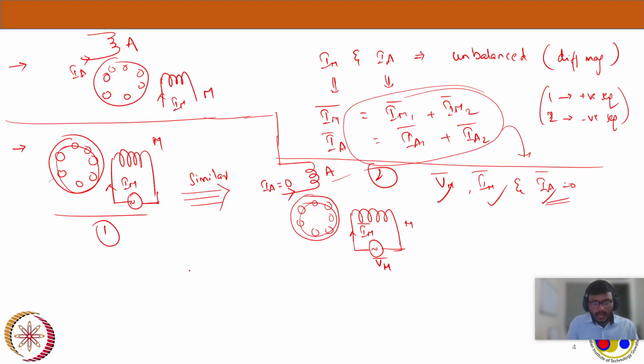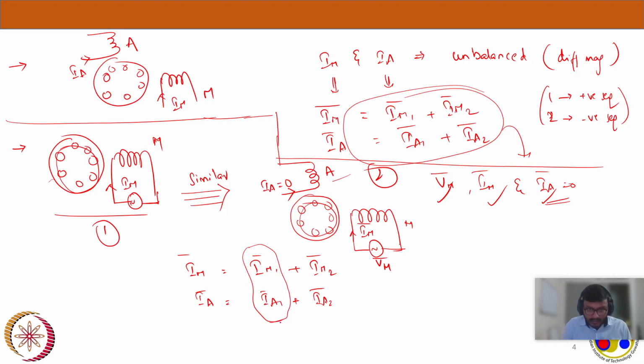Now what I'm doing is I am breaking this into sequence components. Same thing, I'm writing it again here. IM is IM1 plus IM2. IA, I'm breaking out as IA1 plus IA2. Now if you take IM1 and IA1, these two are balanced two-phase positive sequence currents.